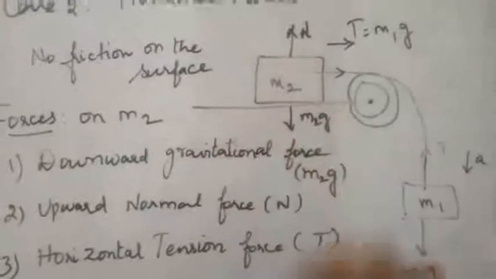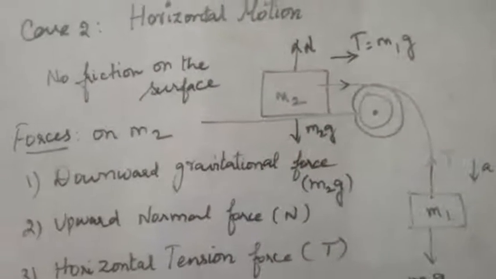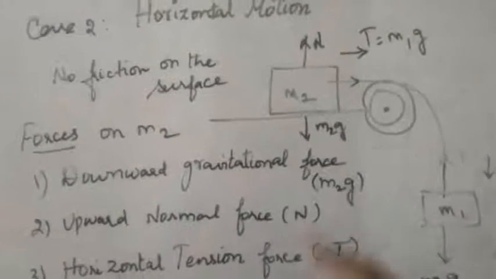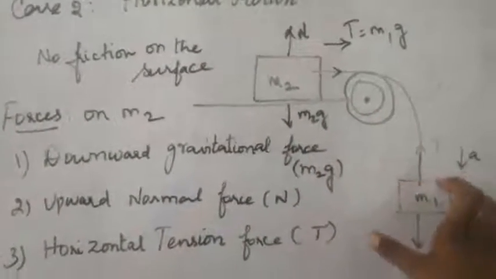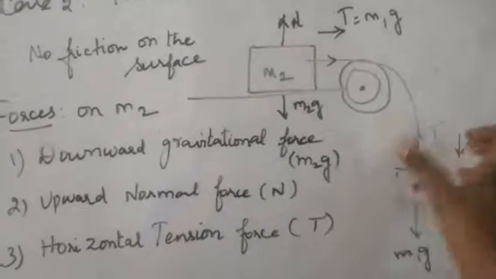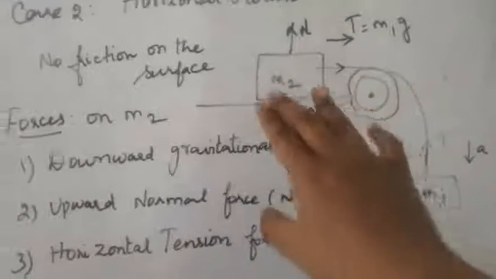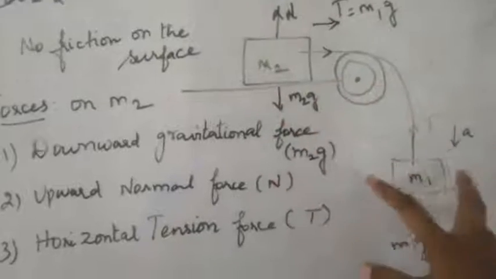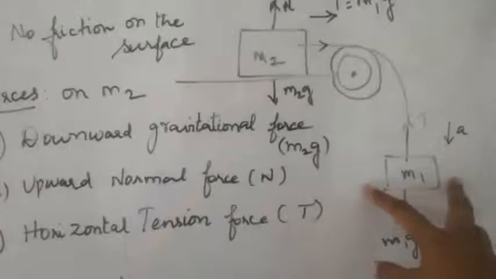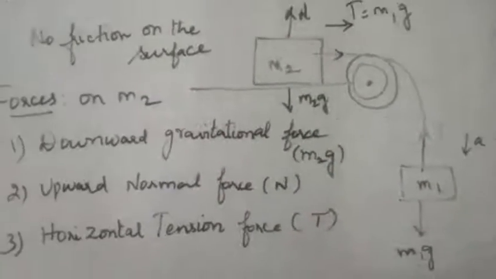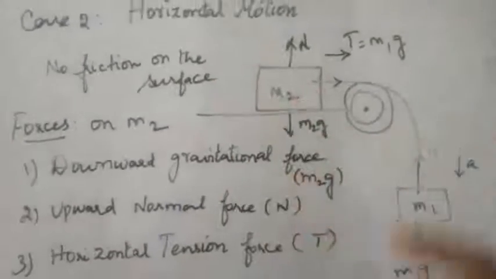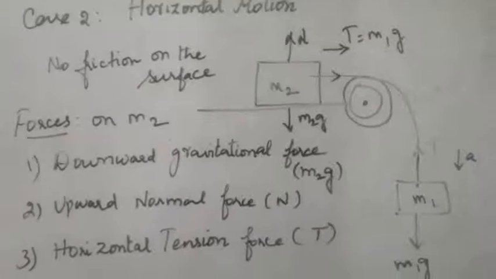M2 will lie on the horizontal surface, and the assumption is that there is no friction on the surface. Same as before, the mass M1 in the pulley will pull the mass M2. As there is no friction, mass 1's pull force will pull the mass 2 freely on the surface. So the motion will be along the horizontal direction.